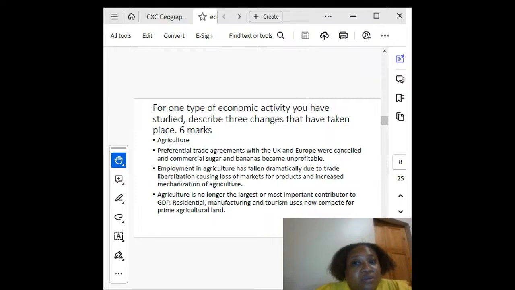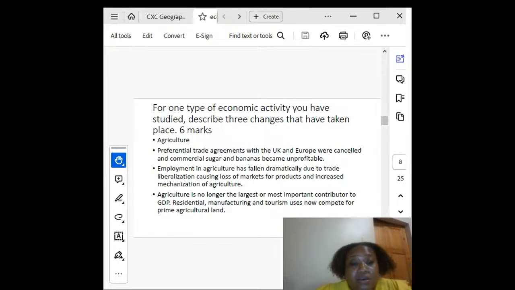So that is why sugar and banana became very unprofitable in the Caribbean, and we no longer really produce sugar because it's unprofitable.